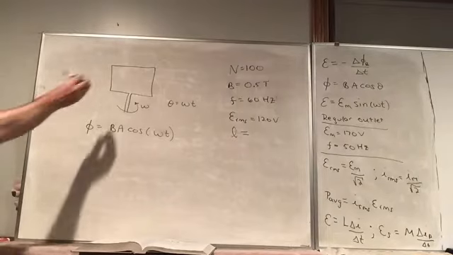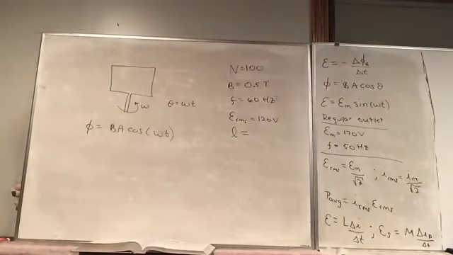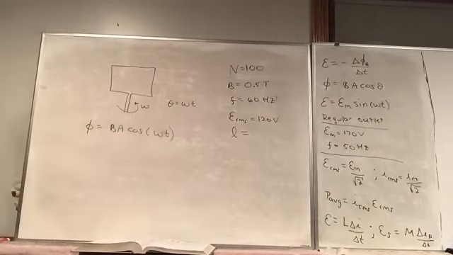So the angle is changing at that rate. As long as we start the clock at the right time, you can say theta equals omega t. And so here we have BA cosine theta. Well, theta is changing with time at this rate, so we can write it that way.